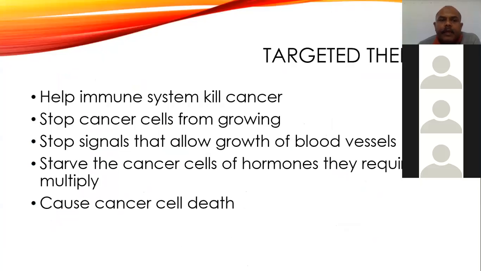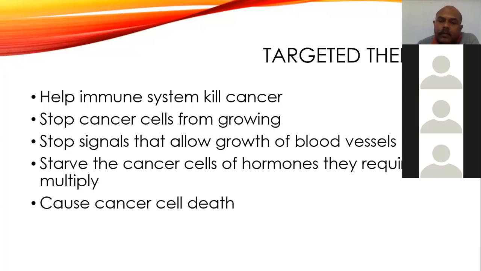So targeted therapy can help the immune system kill the cancer, that is, by immunotherapy. It can prevent the cancer cells from growing, like acting on the EGFR receptor. Many of you may have received Herceptin. It blocks the HER2 receptor and prevents the cell from growing. Another important mechanism is tumor growth. For us to grow, we need blood supply. The same thing for cancer. For the cancer to grow, it needs blood supply.